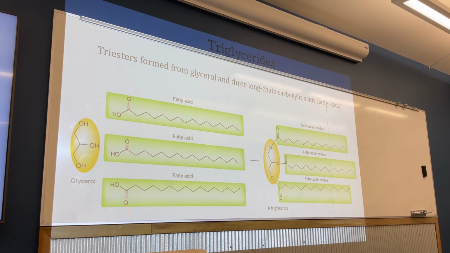But a triglyceride is essentially just a glycerol. With alcohols, you have diols, and then you have glycerols, with 3 alcohol groups. Each of these, through a dehydration step, ends up with a fatty acid tacked on. What's a fatty acid? A fatty acid is a carboxylic acid with a long hydrocarbon tail. Like I said, it could be saturated, unsaturated, monounsaturated, or polyunsaturated.